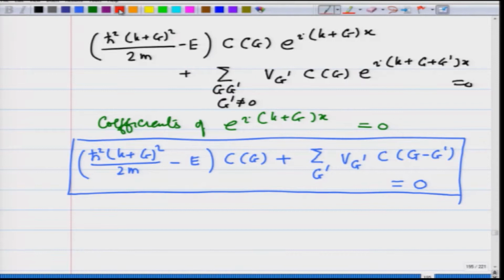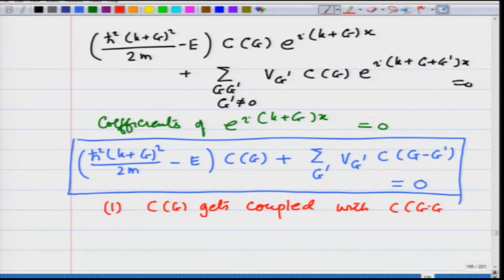You notice one thing here, that c_g gets coupled with c_{g−g'}.